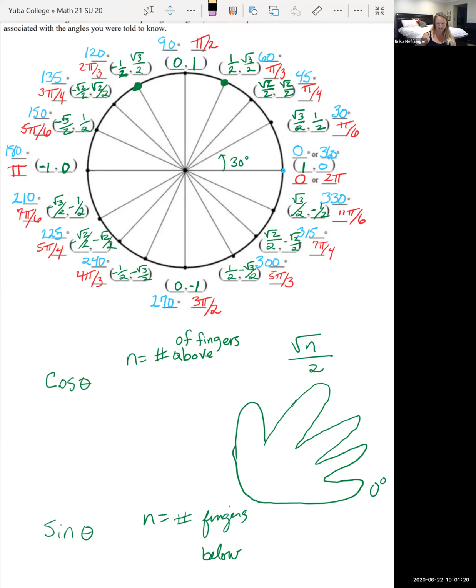So 0 degrees, 30 degrees, 45 degrees, 60 degrees, and 90 degrees.